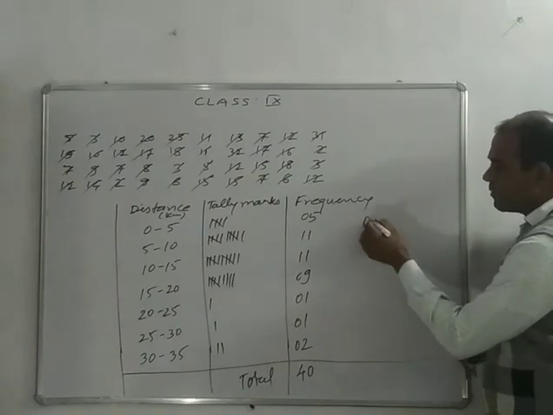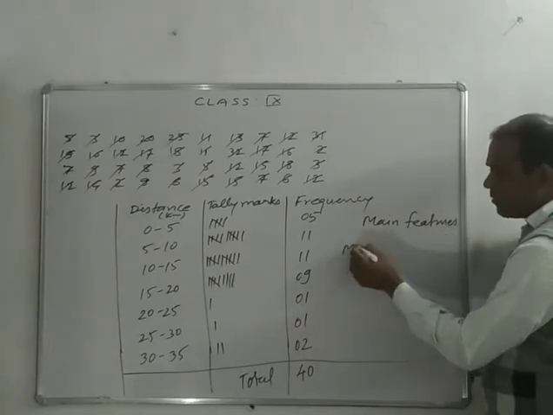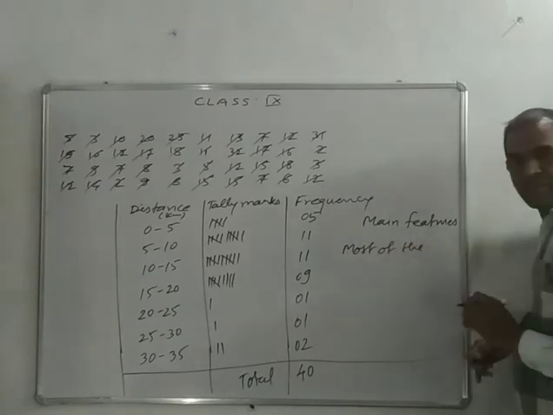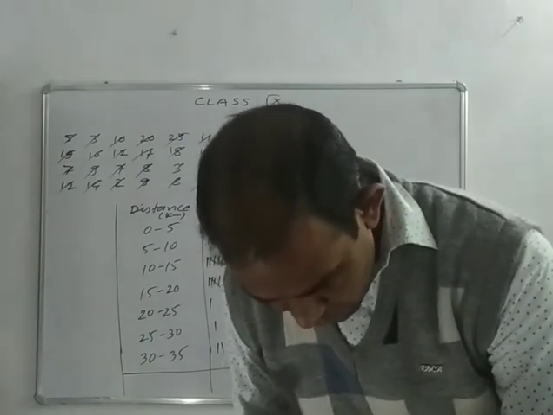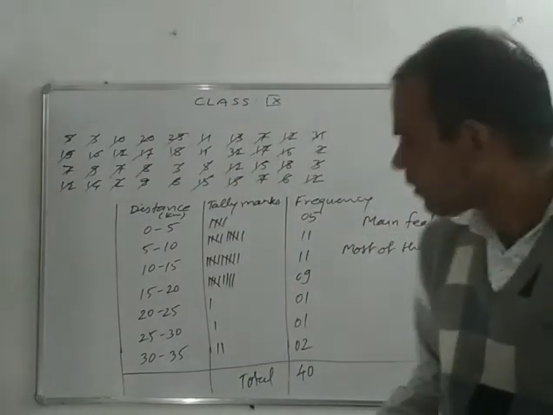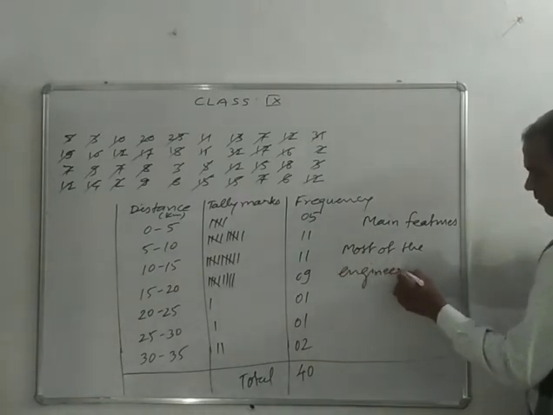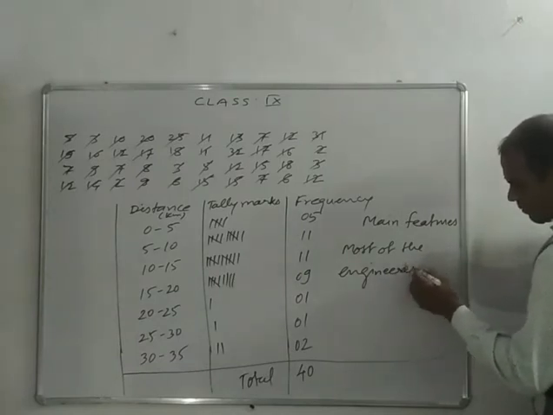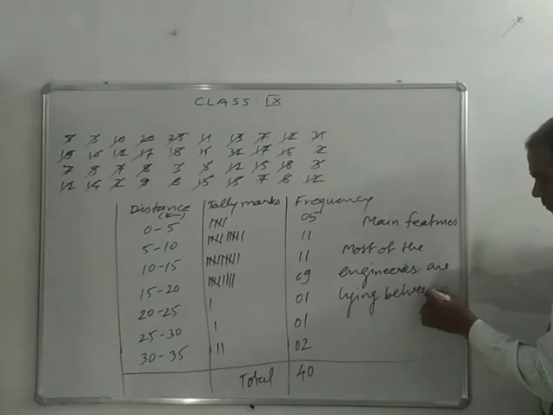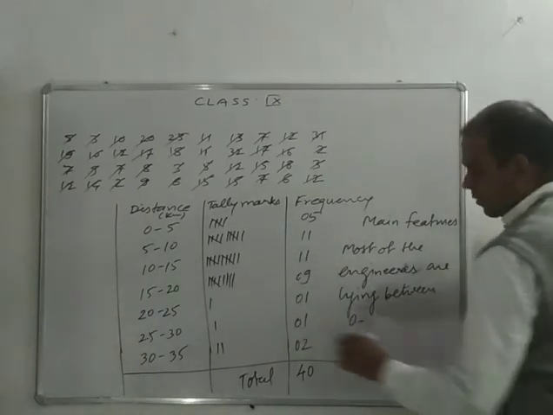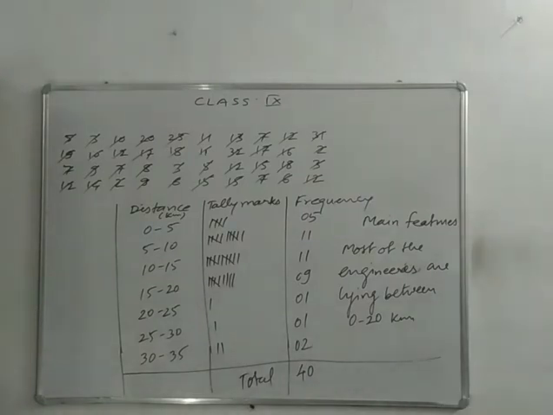So the main feature for this data is, most of the engineers are lying between 0 to 20 kilometer. That is the main feature for this question.